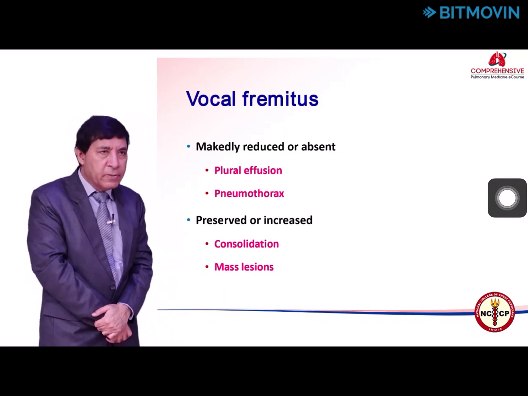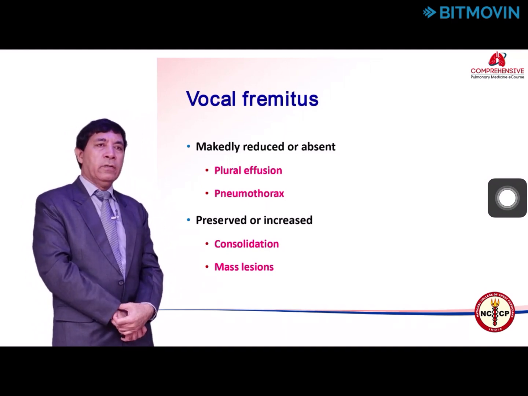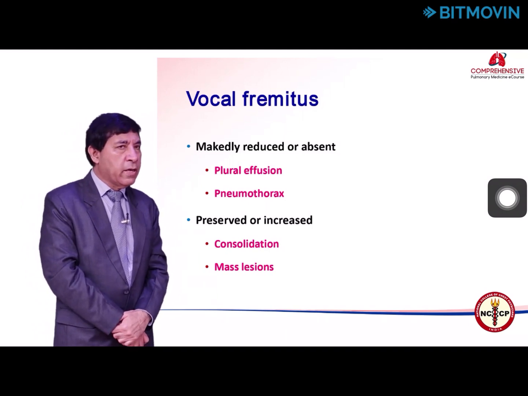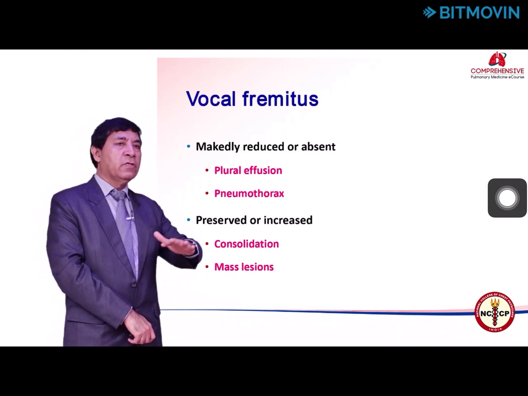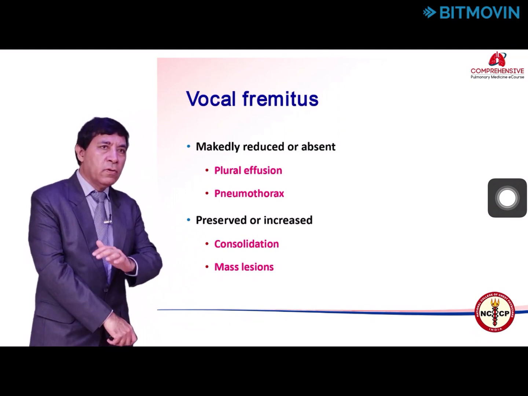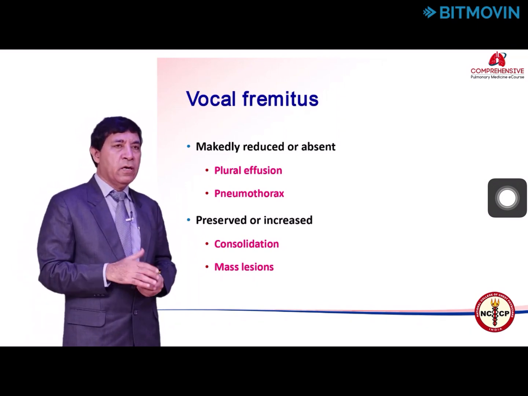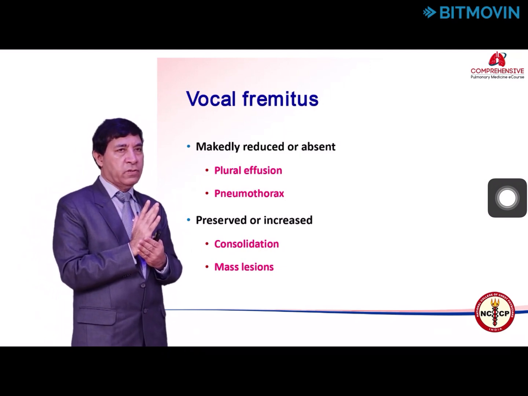You must have heard people saying vocal fremitus is increased. As I told you, there are certain conditions like consolidation and mass lesion where higher frequency sounds can be transmitted across the chest wall. Even though high frequencies are transmitted, our hand has a limitation of only appreciating low frequency sound.